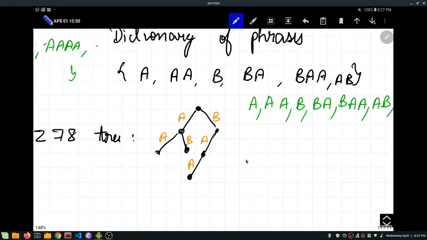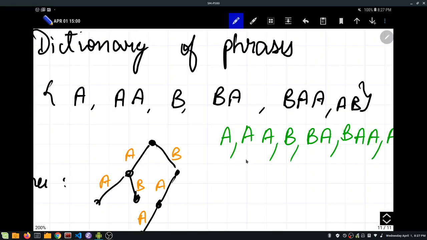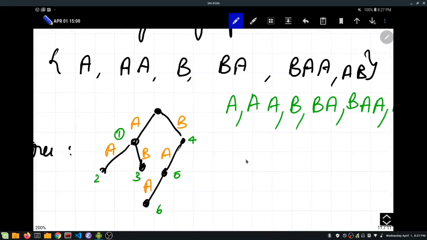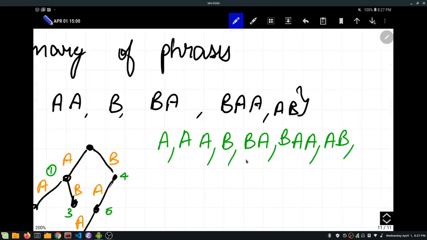Let's look at this tree in more detail. I'll label this 1, 2, 3, 4, 5, 6.